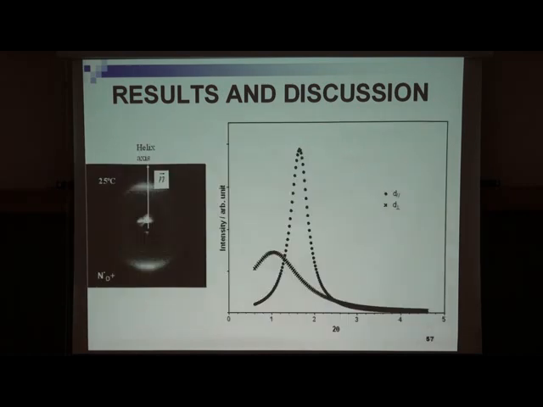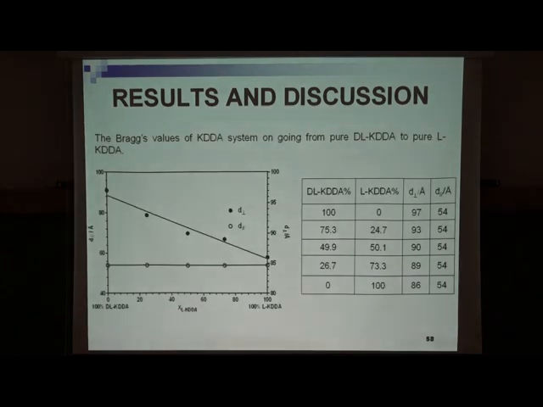And we fitted the results again to a Lorentzian function. Now we have two different Bragg values, and these are the results obtained by the Sachs measurements.